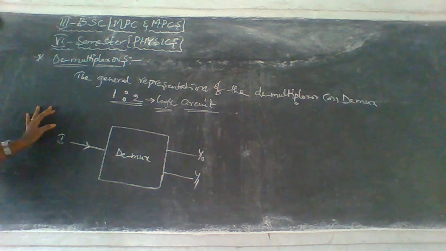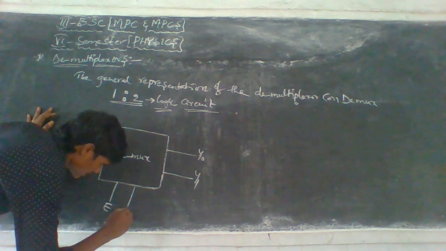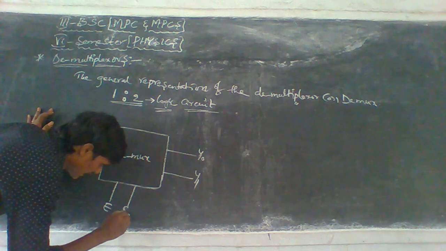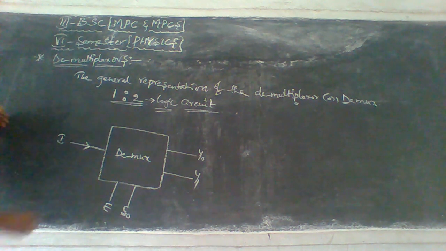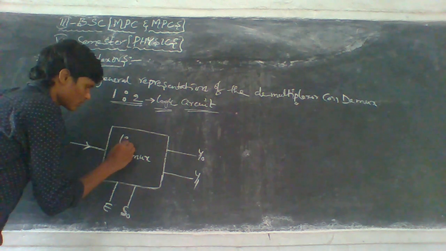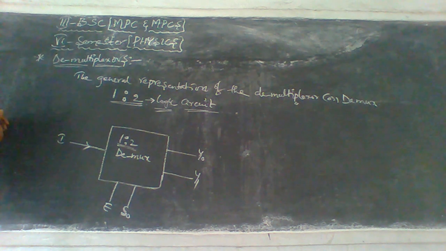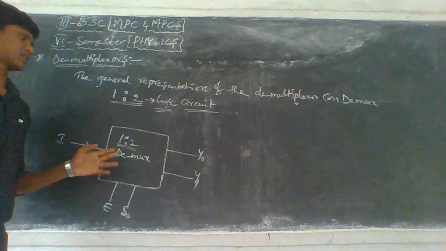This is E and this is S0. So this is the logic circuit for the one line to two line demultiplexer.